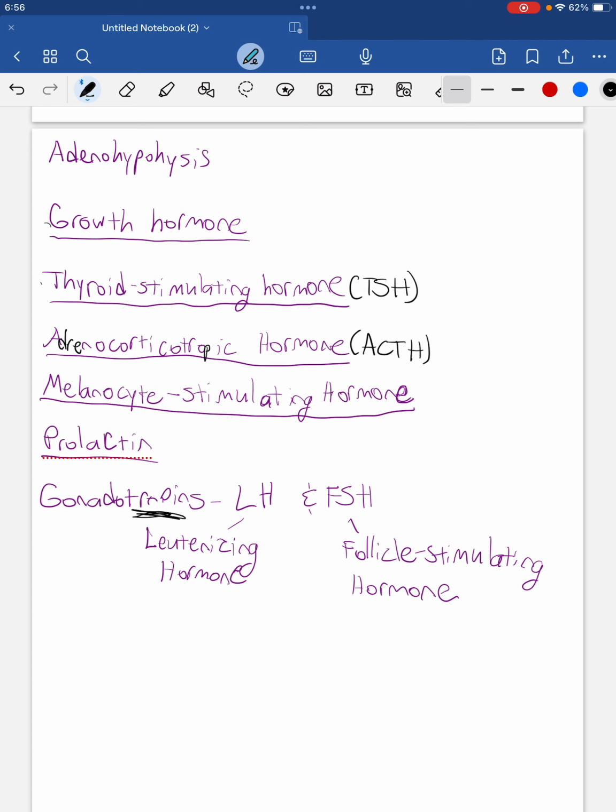The adrenal cortex is the outer area of the adrenal gland. We'll get into this in a little bit more detail soon. So adrenal glands, because that's what it stimulates. Cortico, like the cortex, so it stimulates the cortex of the adrenal glands. And then tropic, like I said, is to bring about a change or to stimulate.